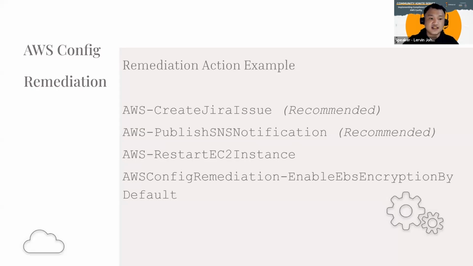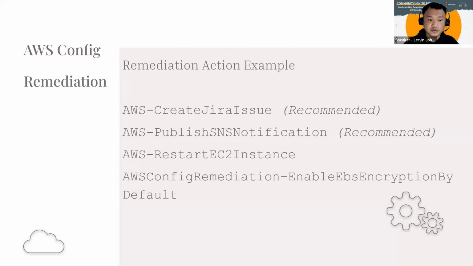Okay, so this is an example of remediation action. If there is a non-compliant resource, we can configure a remediation action to create a Jira issue or publish an SNS notification through the SNS service.